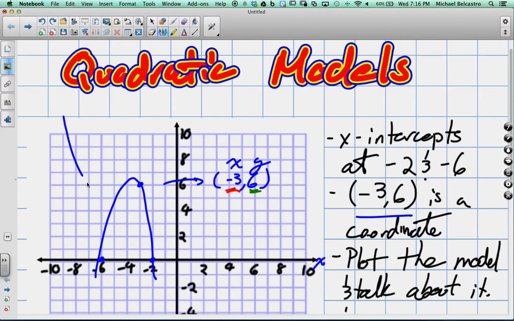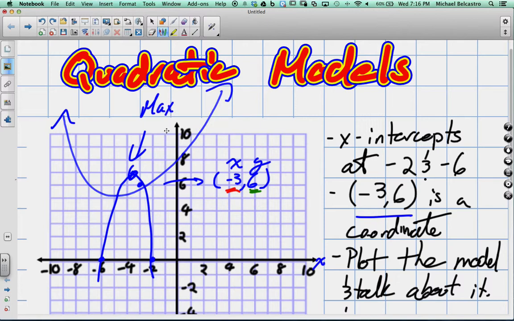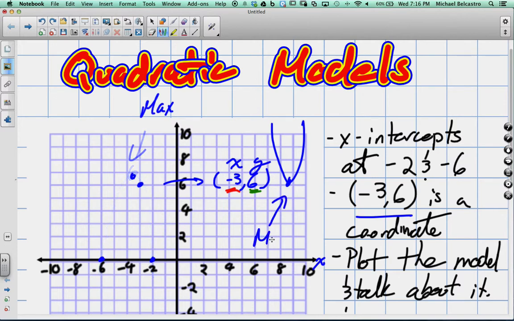Had it been positive, it would be opening upwards. Because it's negative and going downwards, it has a max. This is considered the maximum of the function. It's also known as the vertex. If it was opening upwards, this is still the vertex, but it's called the minimum. It has a lowest point. So we want to find that max in our case, or in other words, the vertex.